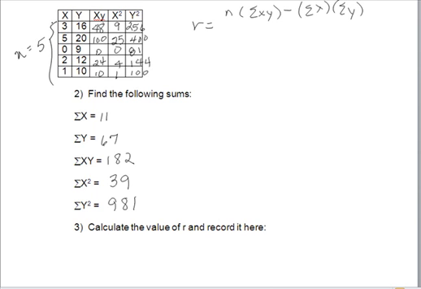And square root of n sum of the x squares minus sum of the x's, that quantity squared, times n sum of the y squared minus the sum of the y's squared.